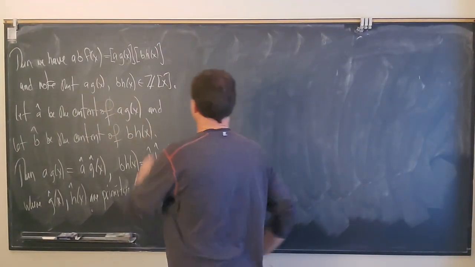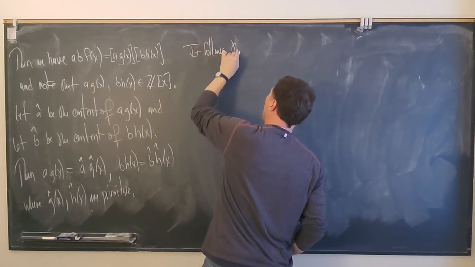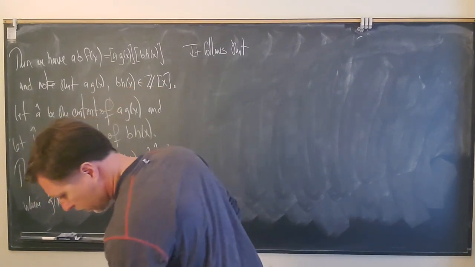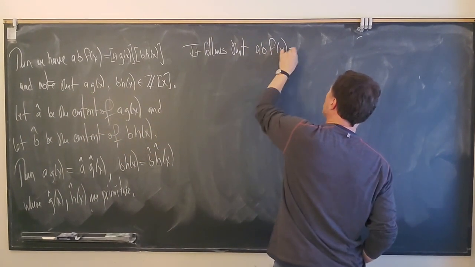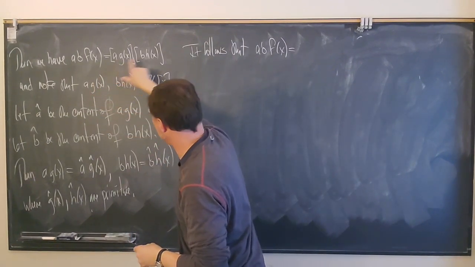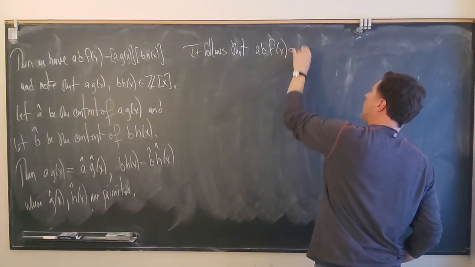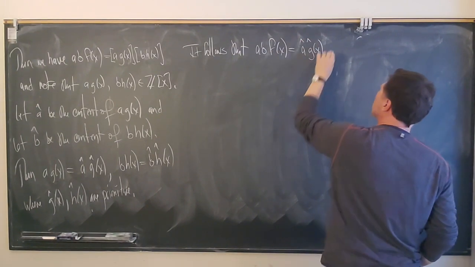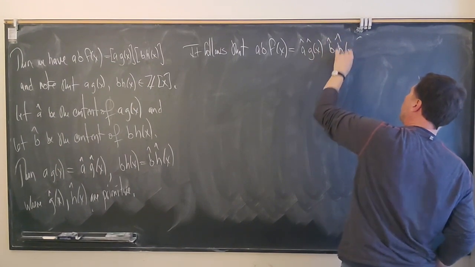So it follows that a b f of x is equal to this, but I'm going to replace each of these with their hatted versions. And so this is equal to a hat g hat of x times b hat h hat of x.